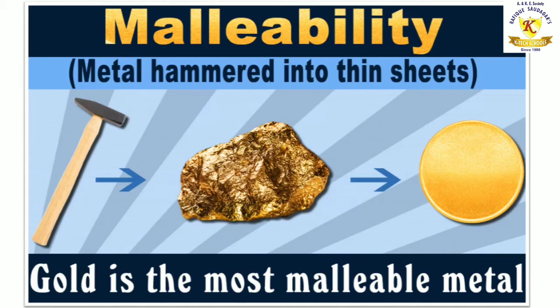So here, gold is the most malleable metal, where we can hammer it and bring it into a thin sheet. This property is called malleability. Is it easy to understand, children? Yes. Let's see the next property of metals.